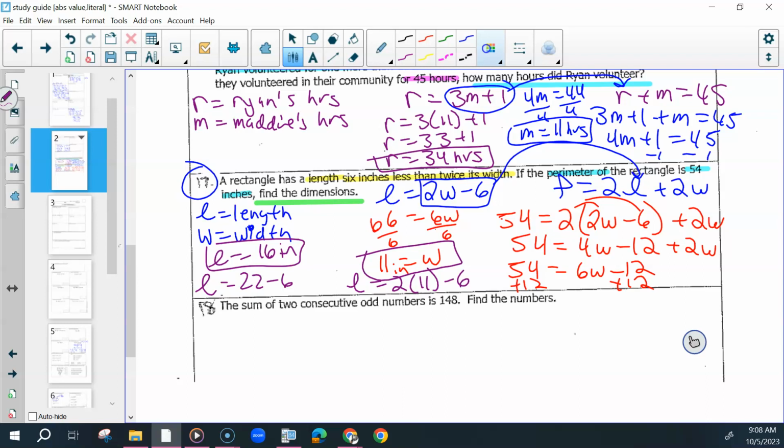You also could have put 11 back in this and solved it there. You should have gotten the same answer, so either or doesn't matter. But 34 hours and 11 hours was your answer for that.